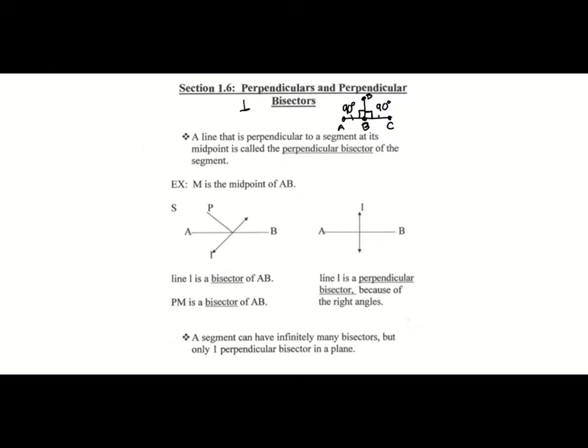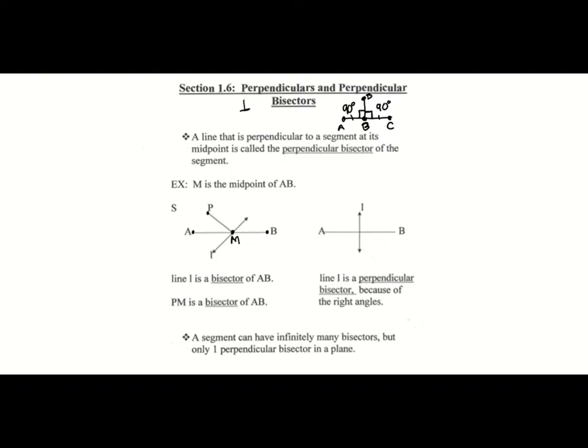So if we look at these examples below, M is the midpoint of AB. So let's draw that in, point M. And we can label our points here.